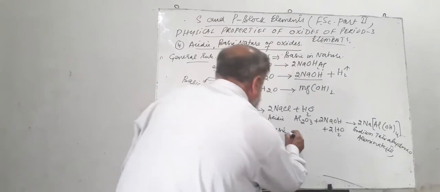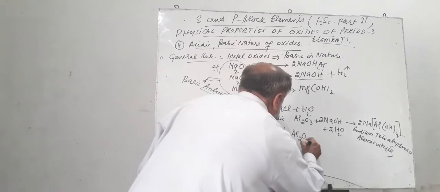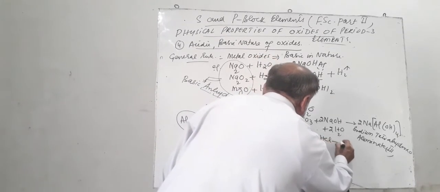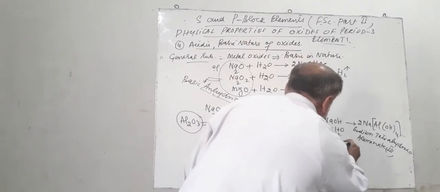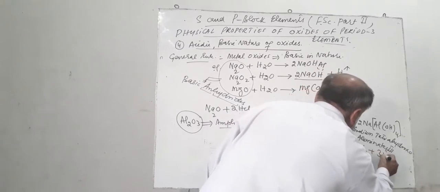Similarly, aluminium oxide can also show basic nature and it can react with acids like Al2O3 plus 6HCl. It reacts with hydrochloric acid to produce 2AlCl3, a salt, and water.